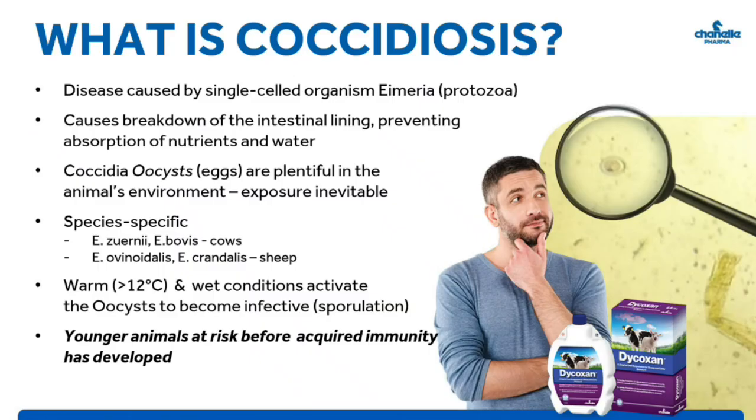The parasite multiplies very quickly in the hosts, meaning that many oocysts are shed into the environment. Every single ruminant in a commercial setting will experience coccidia. The question is, what level of severity will that exposure be? In addition, oocysts can travel on dirty boots, hands, buckets, and even birds' feet.